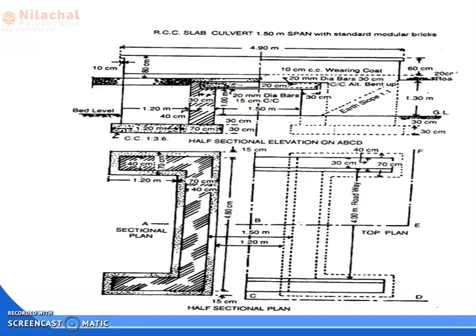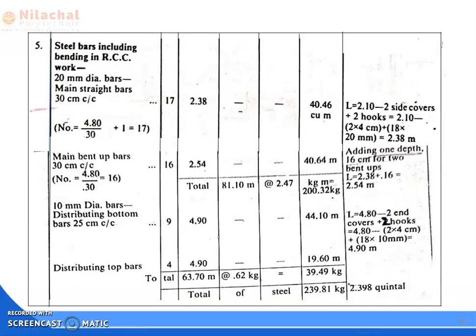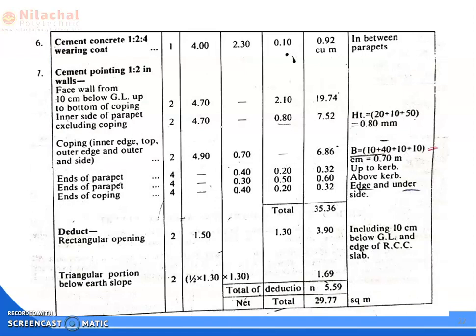Then we go through the calculation part. Here the number is equal to 1, the cement concrete bearing course number is 1. Length is 4.00, equal to the roadway length.